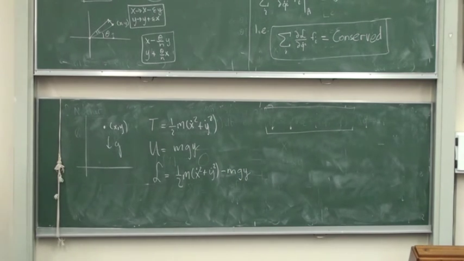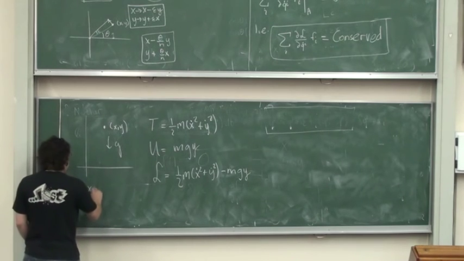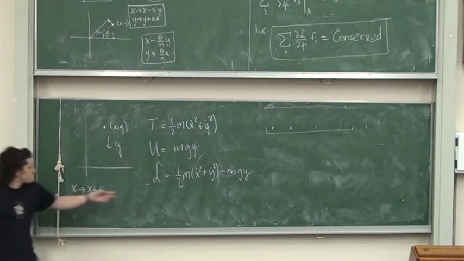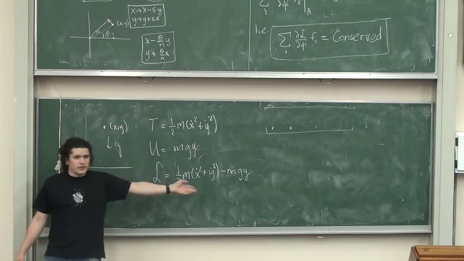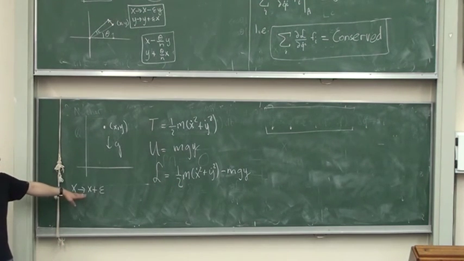I claim that this has x translation invariance. Well, let's replace x with x plus epsilon. What happens to the Lagrangian? Nothing, right? Because when I take the derivative of x, it goes away. So the Lagrangian remains invariant under x translation.